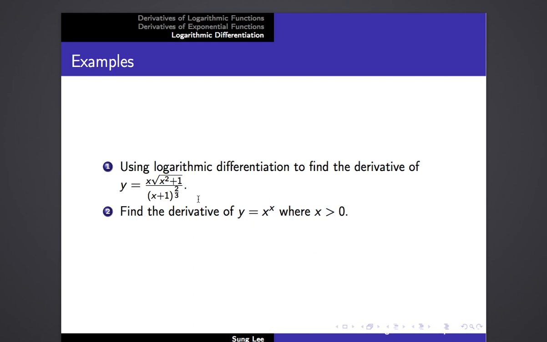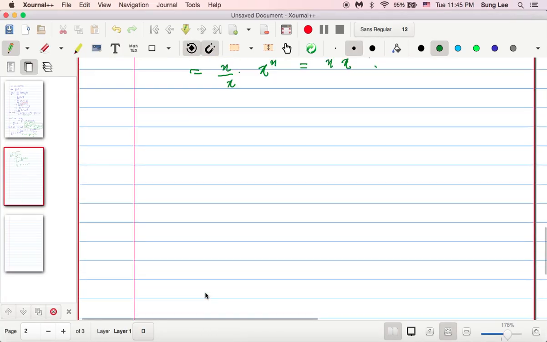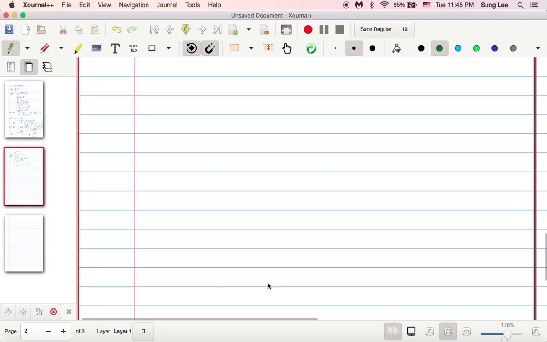This function looks pretty complicated. So let's go to my notepad to calculate that. All right, so the example.